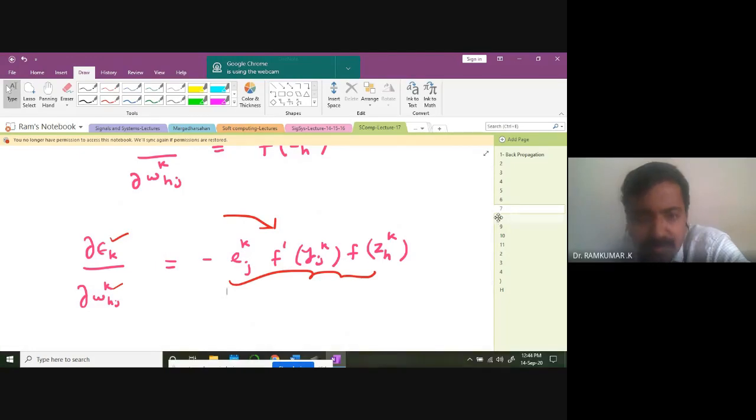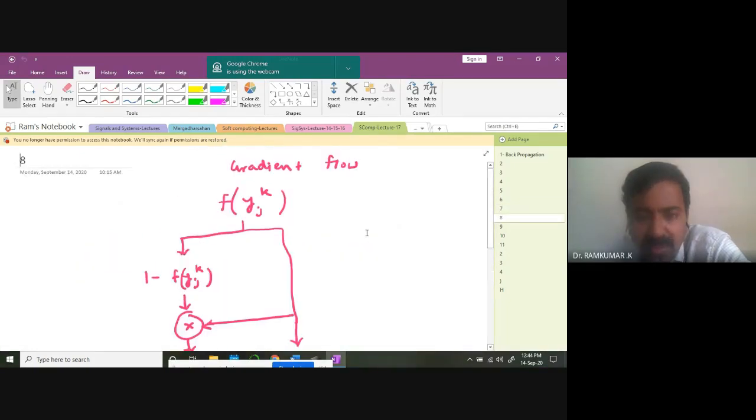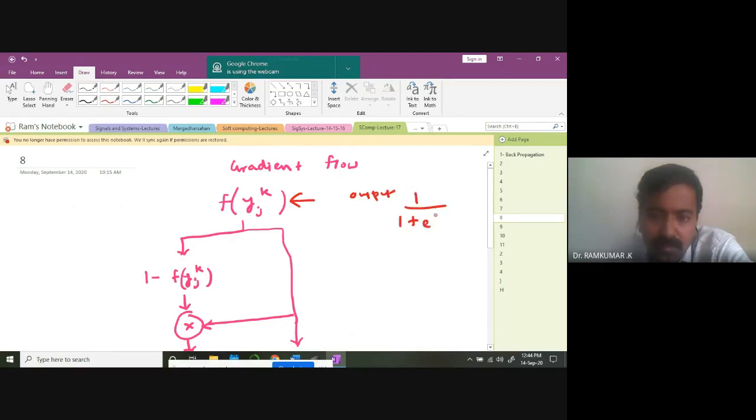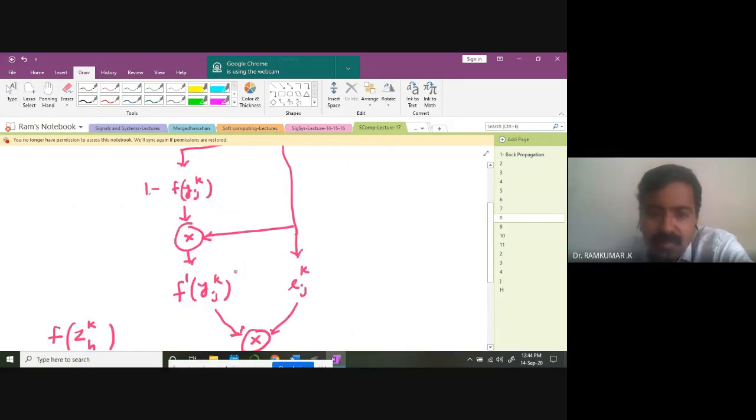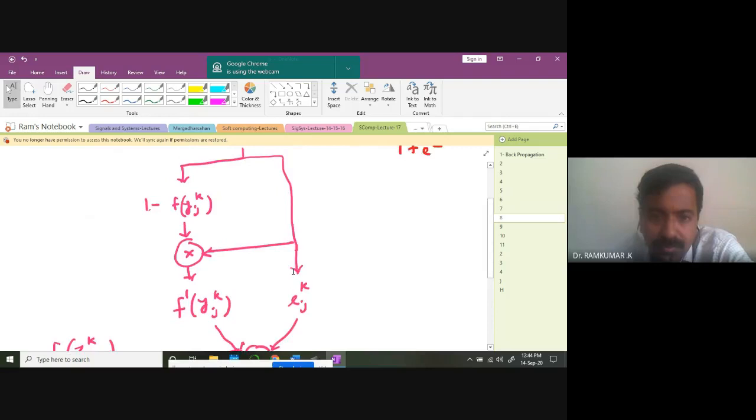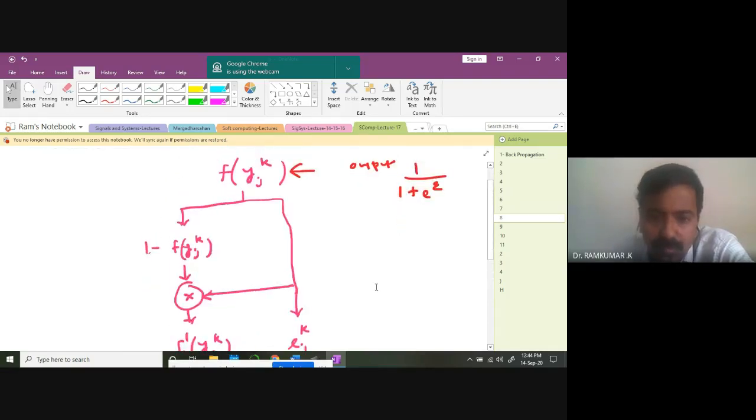Now you proceed. If you look at this gradient, the flow is like this. This is the output of the final layer, which comes through the sigmoidal function. Now we are computing the gradient by taking this term 1 minus f of yjk into f of yjk.